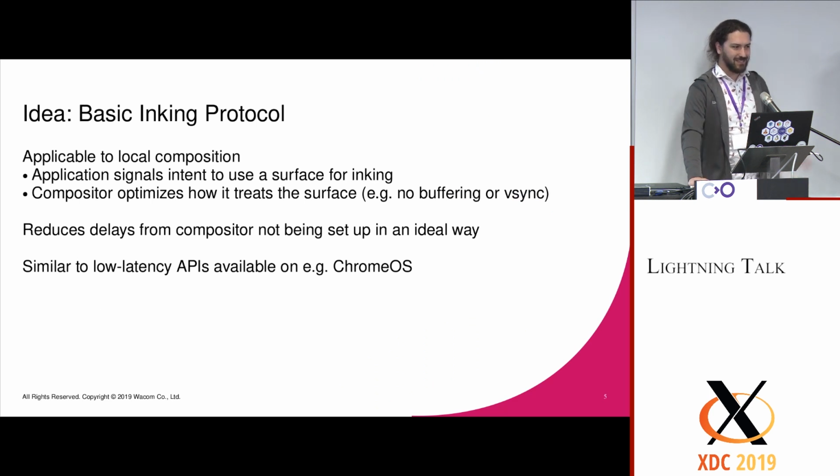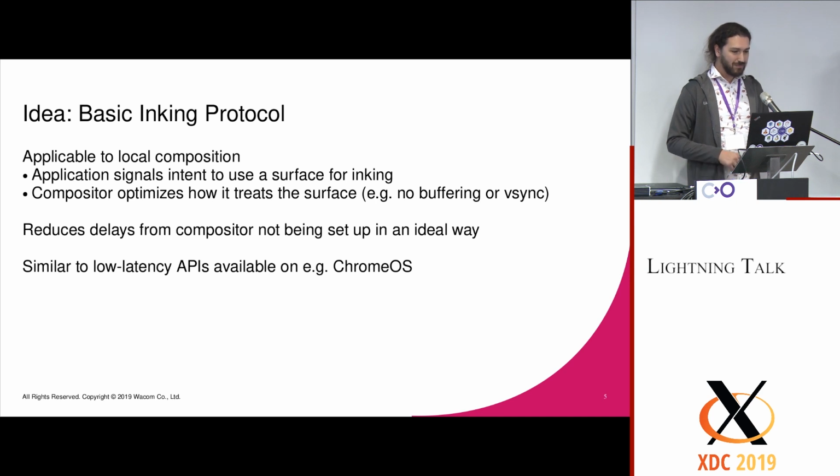So the basic idea is, let's try to wrap up some of these basic software optimizations that already exist into one simple protocol. That way, each application doesn't need to know all the various optimizations that they could do to reduce latency. You'd basically have your application signaling its intent to use a surface for inking, and then the compositor is going to optimize that surface to provide the best inking experience.